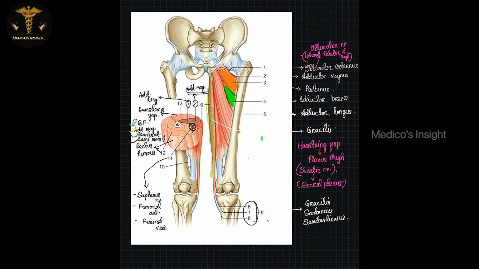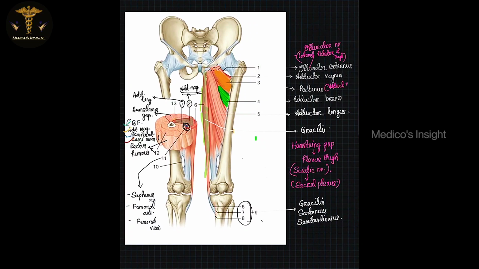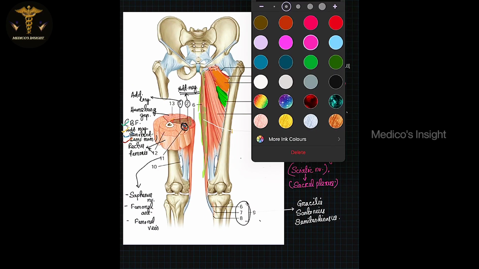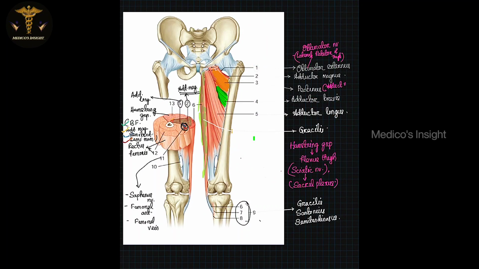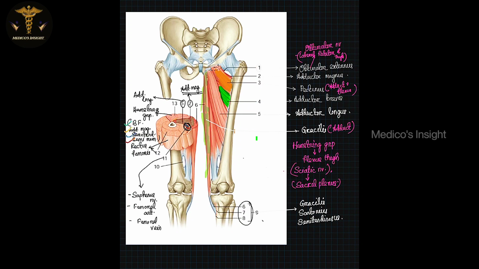The pectineus muscle adducts and flexes the thigh, and the gracilis, as I mentioned, adducts. Overall, the medial compartment of muscles of thigh mainly forms the adductors, that is obturator externus, gracilis, adductor magnus, adductor longus, and adductor brevis.